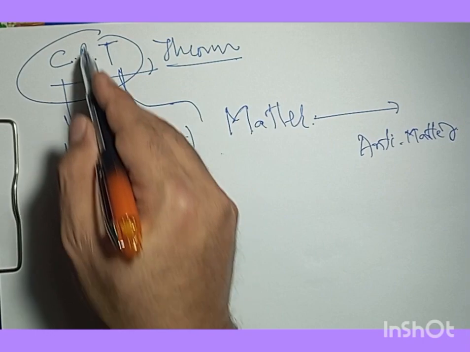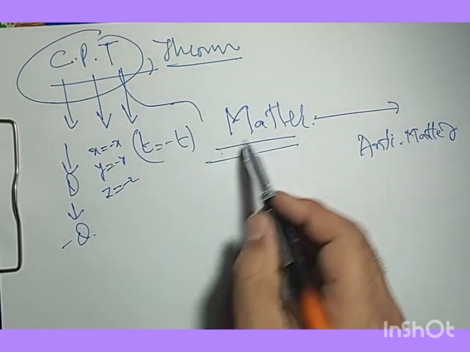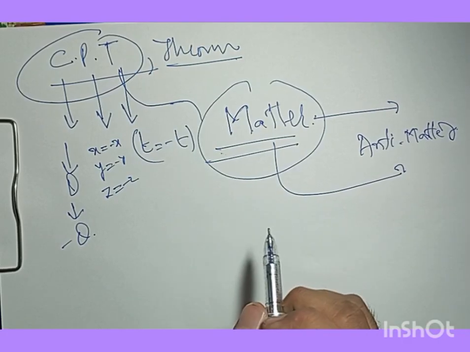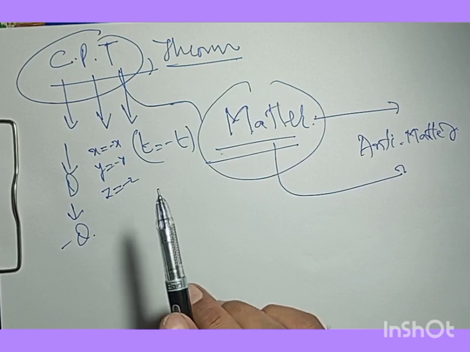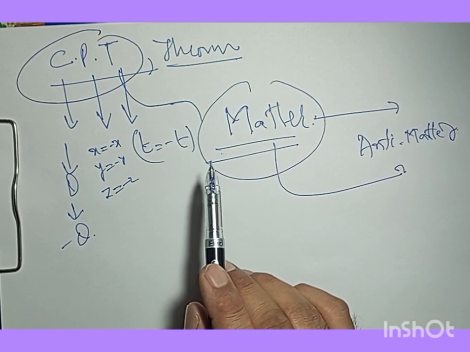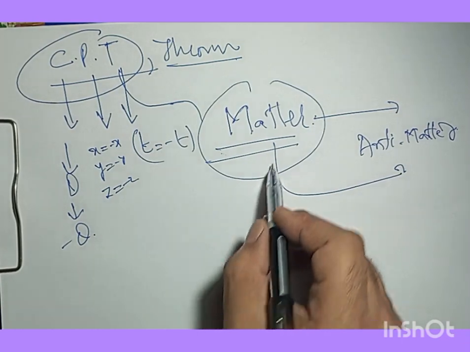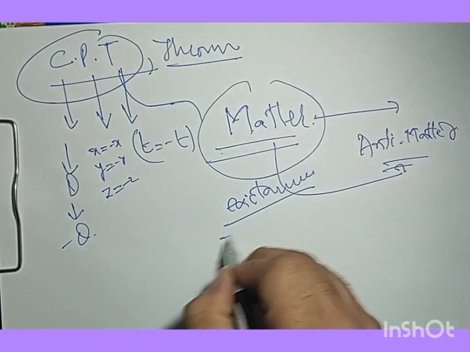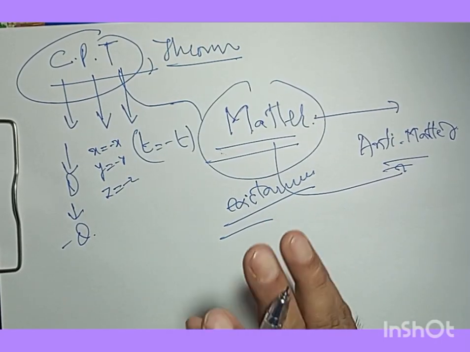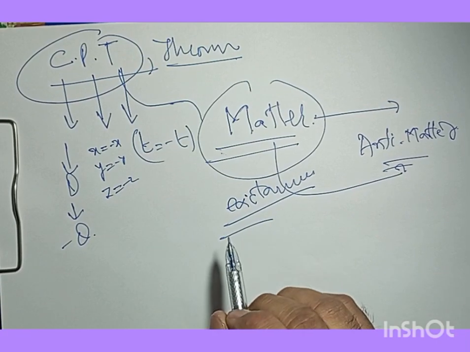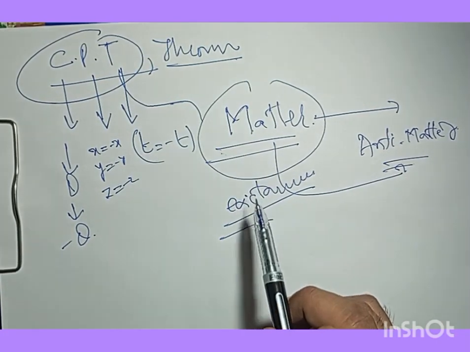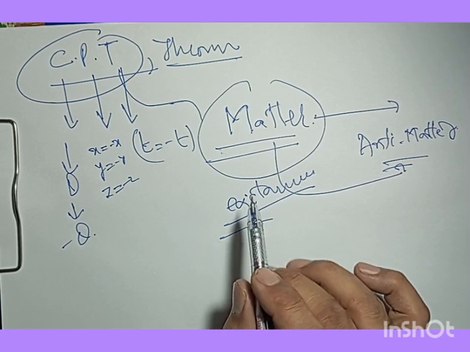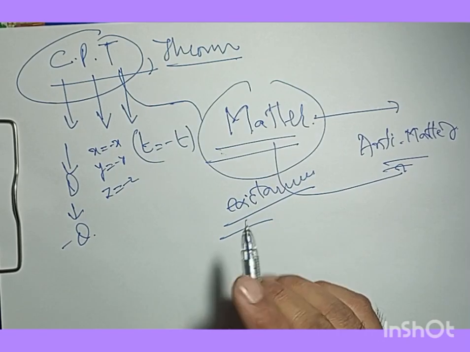So applying CPT on a matter state transforms it into a state of antimatter. What it means is that if the CPT theorem is valid, then the existence of matter implies the existence of antimatter. If this set of transformations is not violated, then for matter there is existence of antimatter, in the same universe, in the same system.